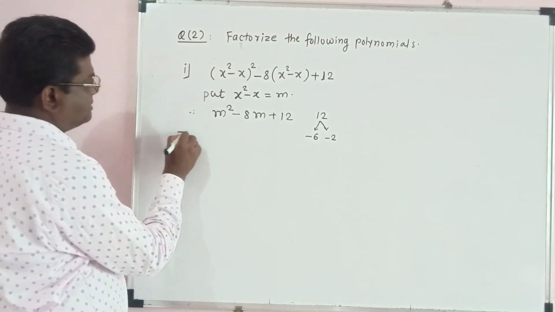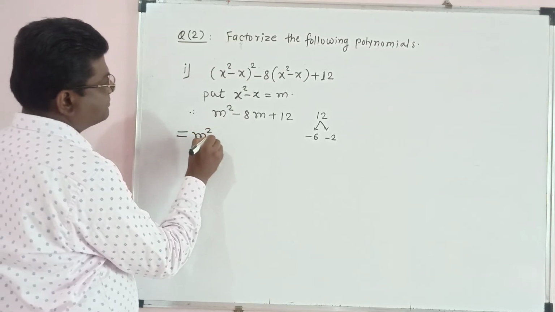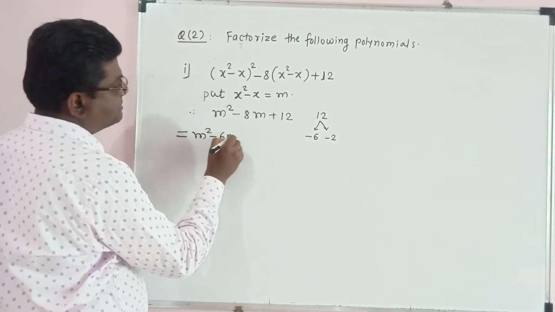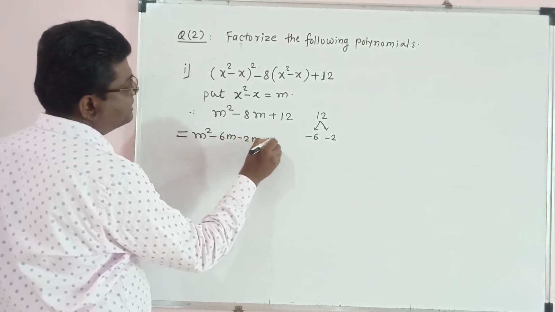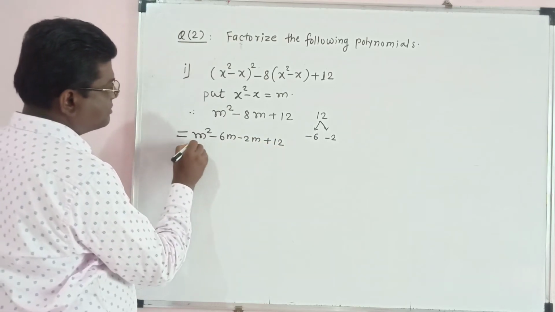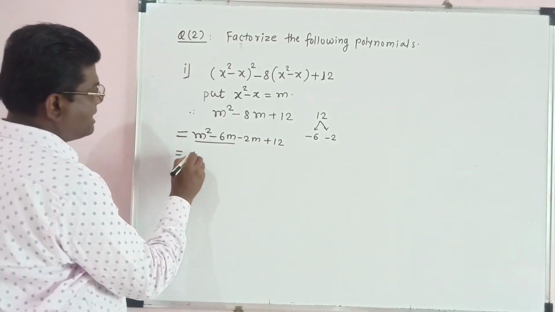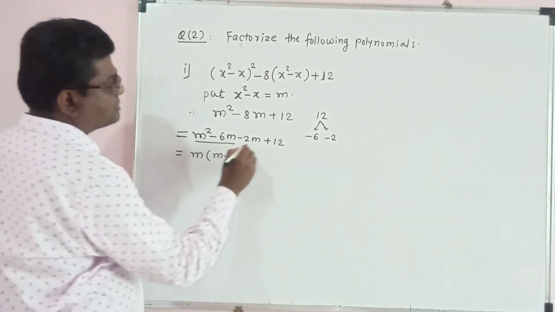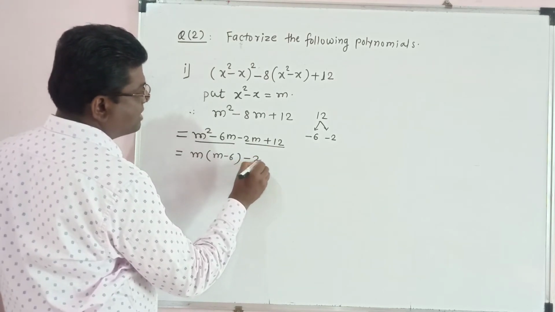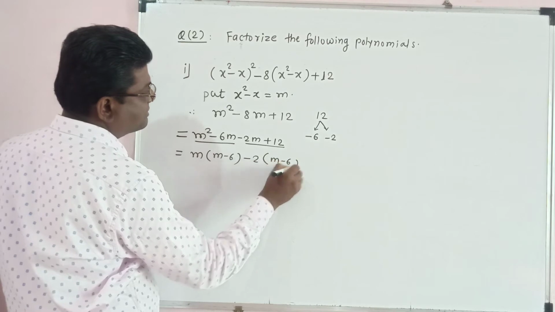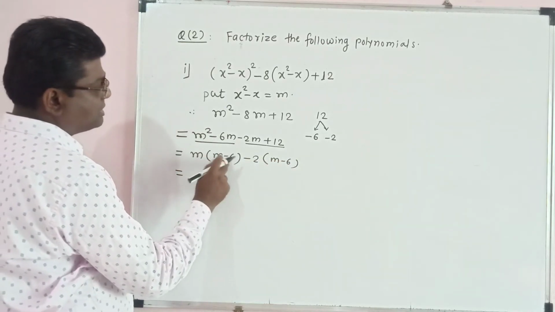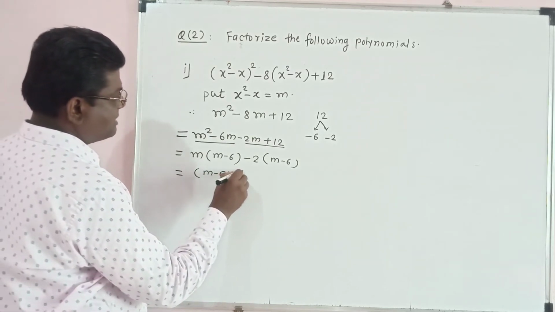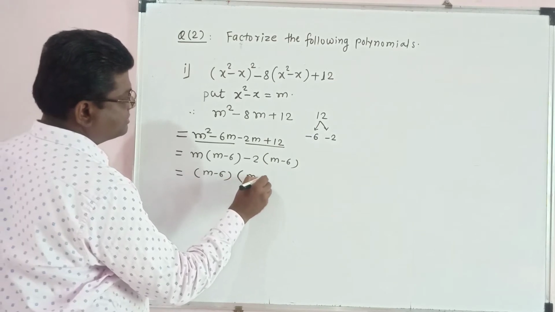So this will be m square minus 8m, which can be split up as minus 6m minus 2m plus 12. So is equal to, from these two terms take m common, so m in bracket m minus 6. Now in these two terms take minus 2 common, so in bracket m minus 6. Now m minus 6 is the common factor in first bracket and in second bracket m minus 2.